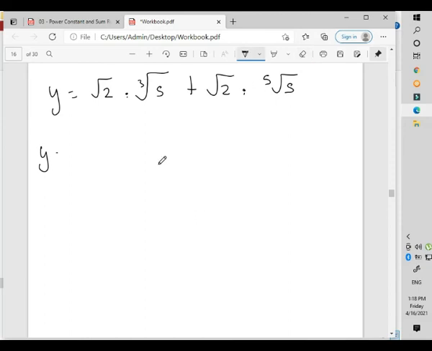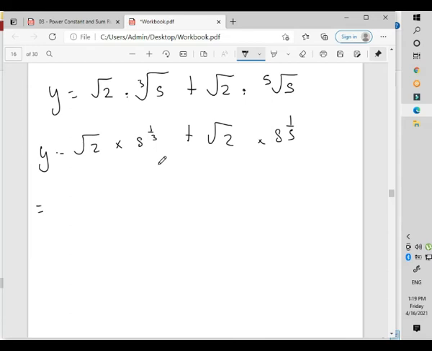So y is equal to root 2 times s to the 1/3. Remember the s is to the power of 1, wherever it is in the power goes in the denominator, plus root 2 times s to the 1/5.